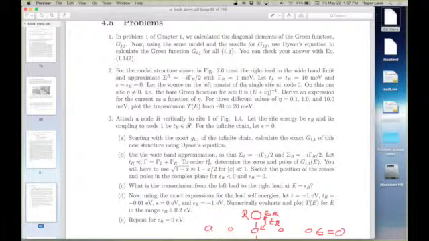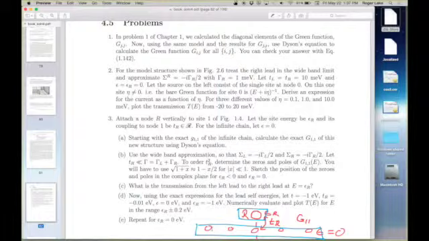So you want to get G11 of the whole system using Dyson's equation. I don't really have much to add beyond what we said last time. Your bare system is this ideal chain and your isolated site with no coupling in between.